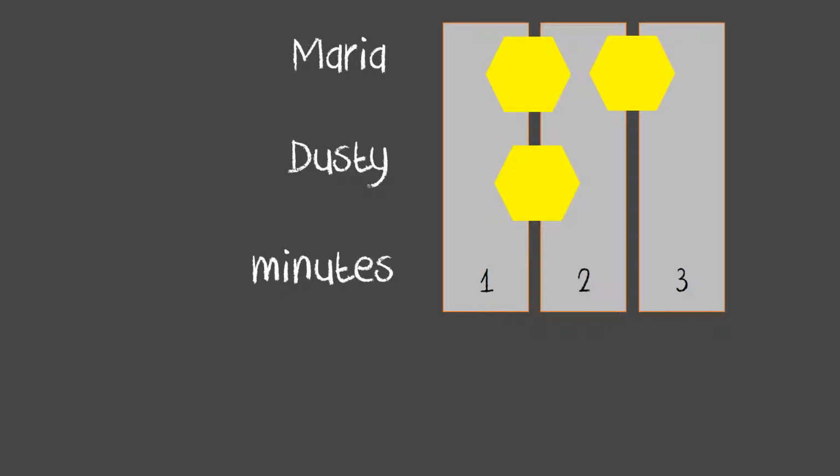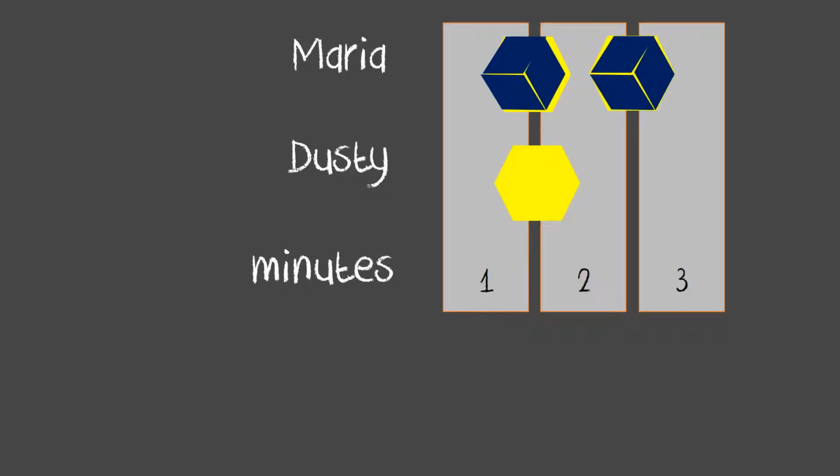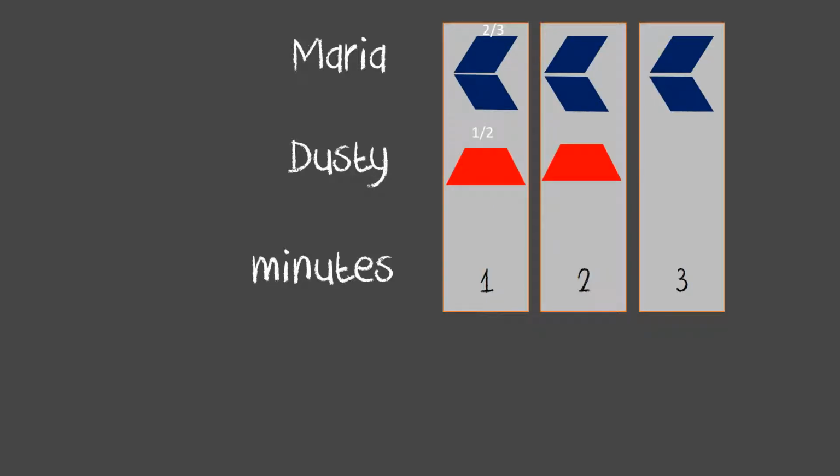I'm going to divide each balloon into thirds, and I'm going to divide the other balloon into halves because it took just 2 minutes, so I know how many I can do within a minute's time. So I break that all down, and Maria can do 2/3 of a balloon in a minute, and Dusty can do half a balloon in a minute.